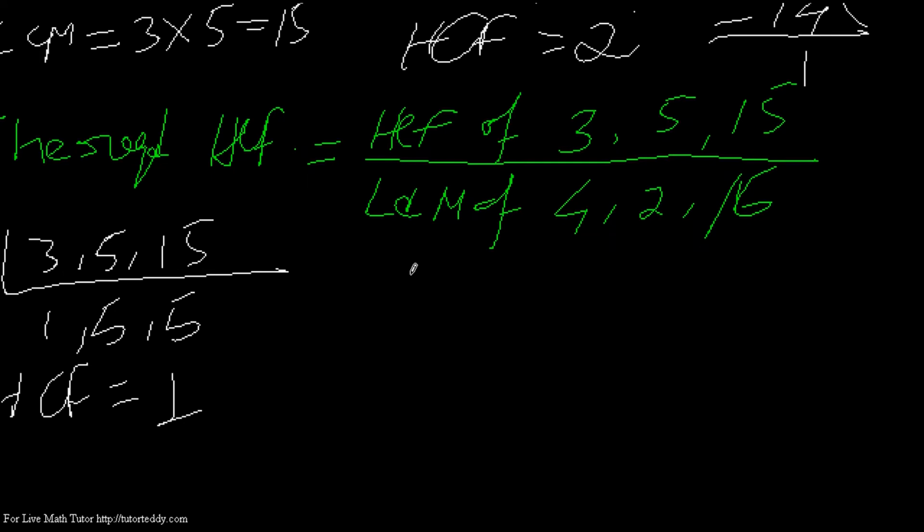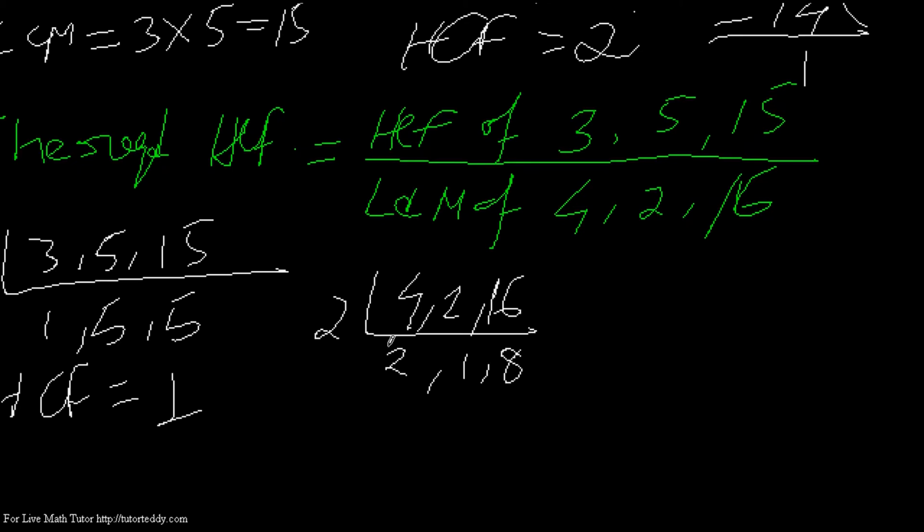And what about the LCM of the denominators 4, 2, 16? Divide by 2. 2 twos are 4, 2 ones are 2, 2 eights are 16. Again divide by 2. 2 ones are 2, 1 remains, 2 fours are 8. And I can't divide any further.